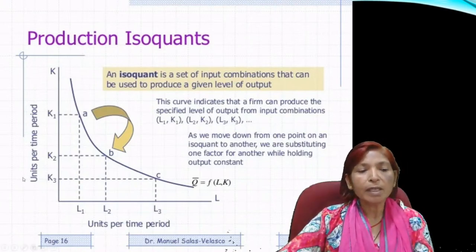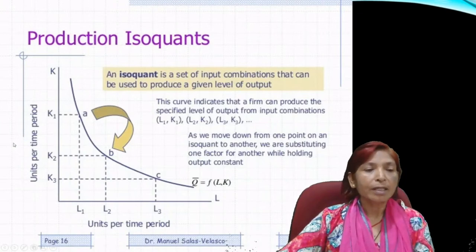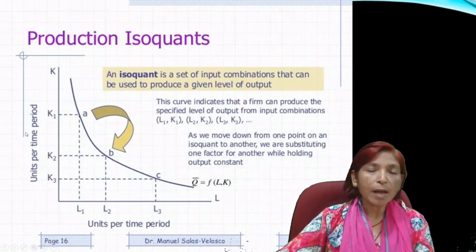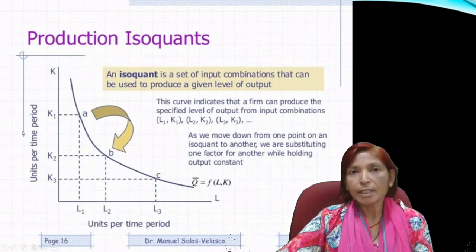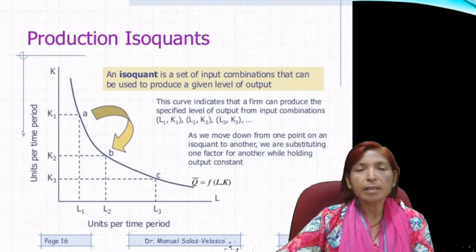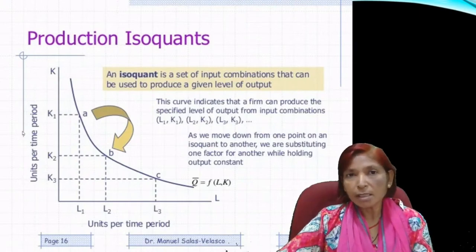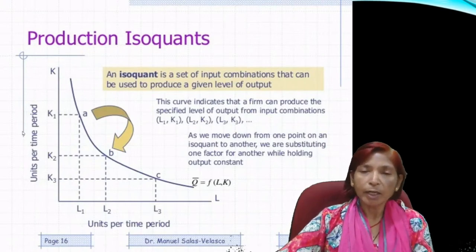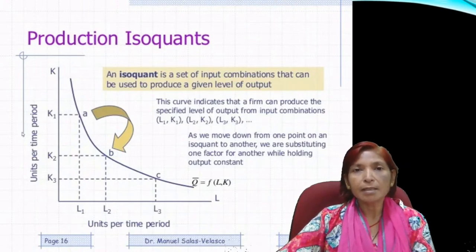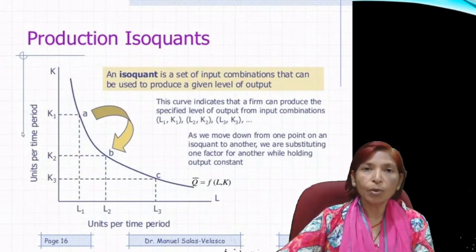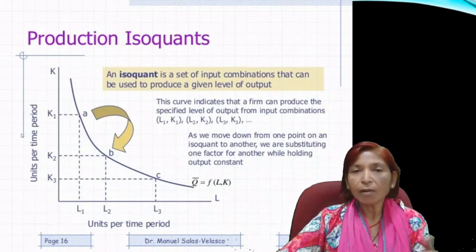And the isoquant curve is always a downward sloping curve, and on the x-axis we take labor, and on the y-axis we take capital. If we use more capital, then we will use less labor. If we use more labor, then we will use less capital. You know that labor intensive and capital intensive are the two main technologies which a producer can use for producing goods and services. In some countries, labor is abundant, capital is less, and in other countries, capital is more, but labor is less. Factors are always limited and wants are always unlimited.